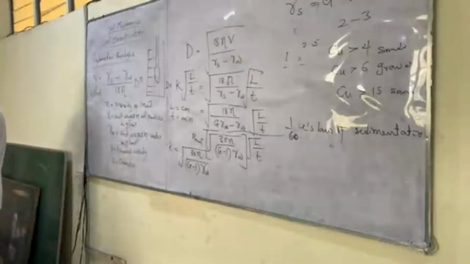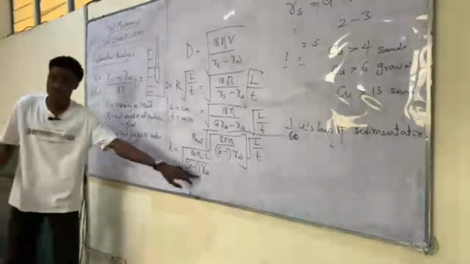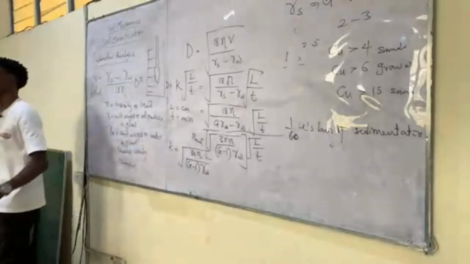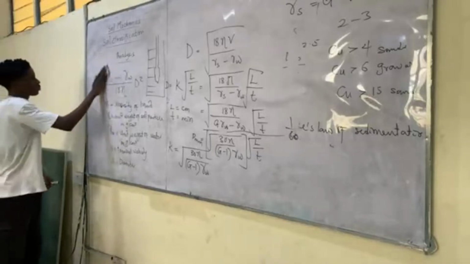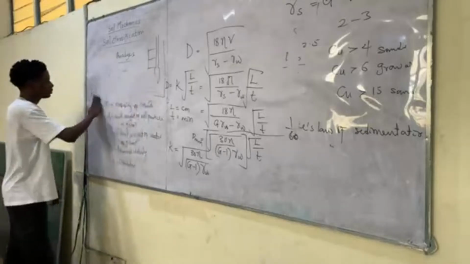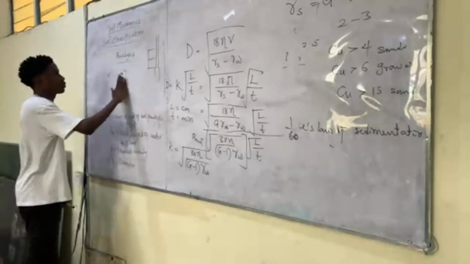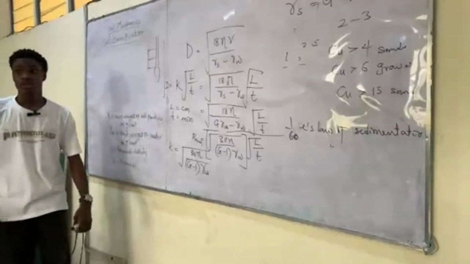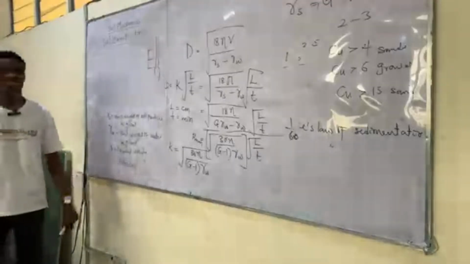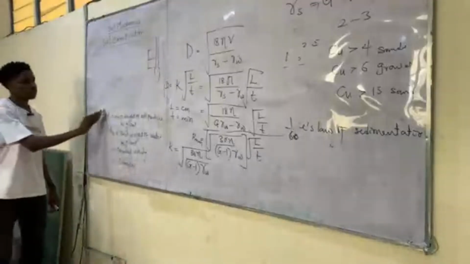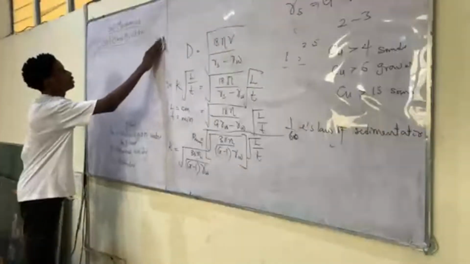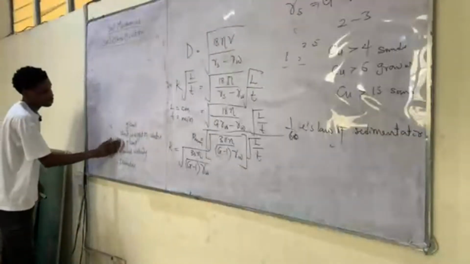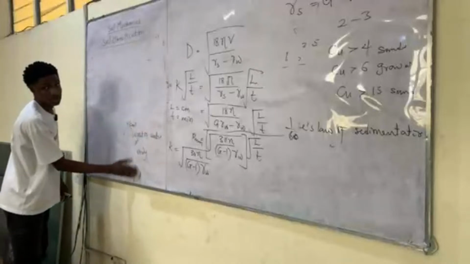K changes based on temperature, the same way this other quantity changes based on temperature. What's the full meaning of K? It's a constant that has to do with viscosity and some other things, but I do not remember the name. I think you can check it.